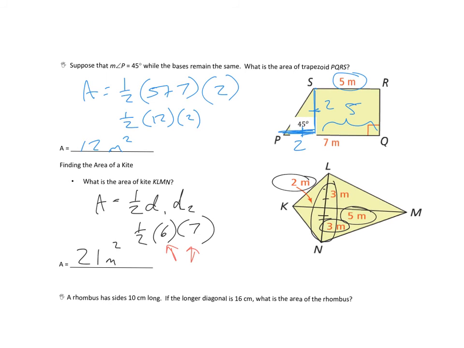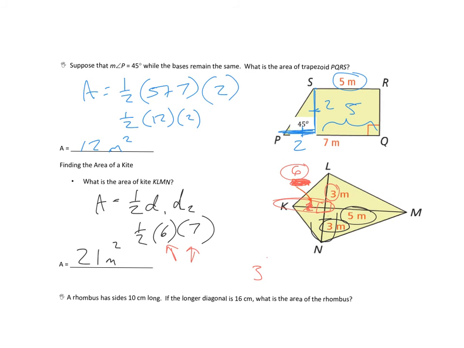A few other things to note. We're not going to do a totally new example with this, but let's pretend for a moment that they didn't give us that length equal to 2 here. Let's say they gave us that the outside was 6 and that this was 3. Well, how could we find that? We could use the Pythagorean theorem, right?